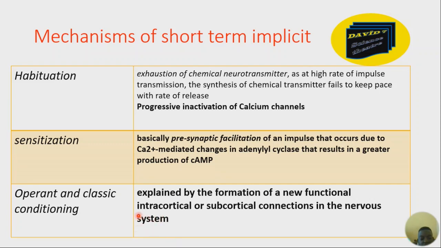In the video where I was talking about learning, I described the evidence that there is intracortical and subcortical formation of new functional connections in the nervous system. So conditioning arises due to this. Sensitization is due to presynaptic facilitation, and habituation is due to progressive inactivation of calcium channels.